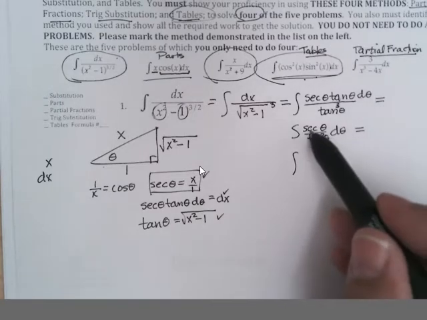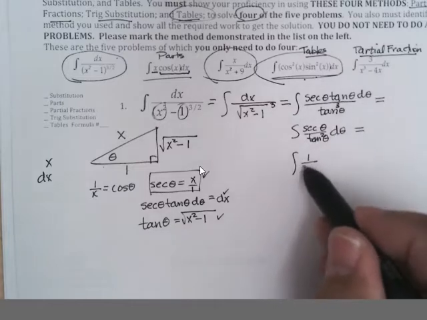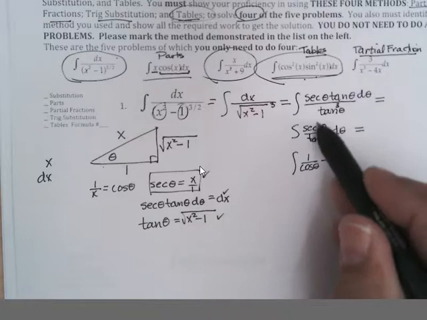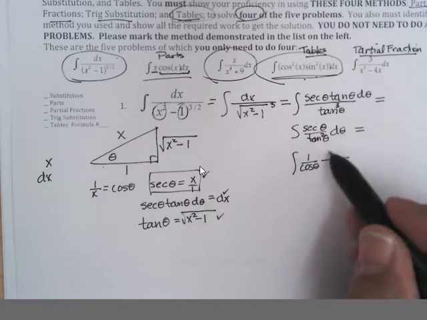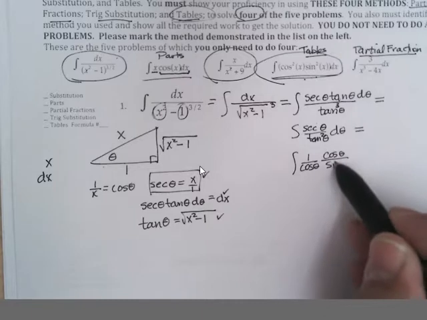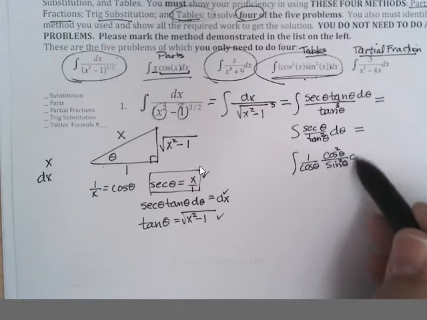There's other ways to do this, but secant is 1 over cosine. And 1 over tangent is cotangent, and cotangent is cosine theta over sine theta. But the tangent is squared, so I got to square these.